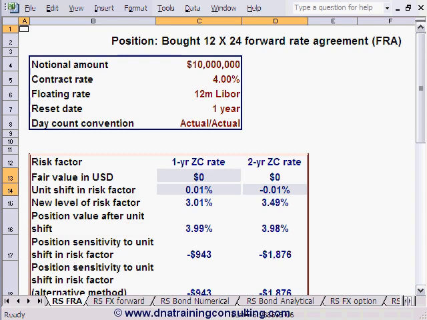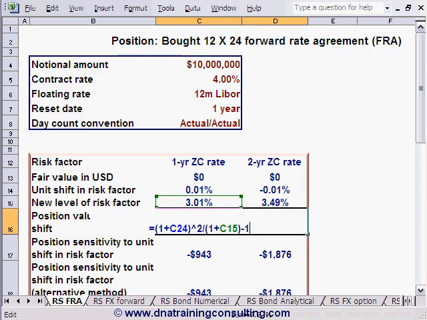If the bank were receiving the fixed rate under the FRA, we would use shifts with the opposite signs. We have programmed in cells C16 and D16 the formula for the forward rate using adjusted zero coupon rates that reflect the 1 basis point shifts.